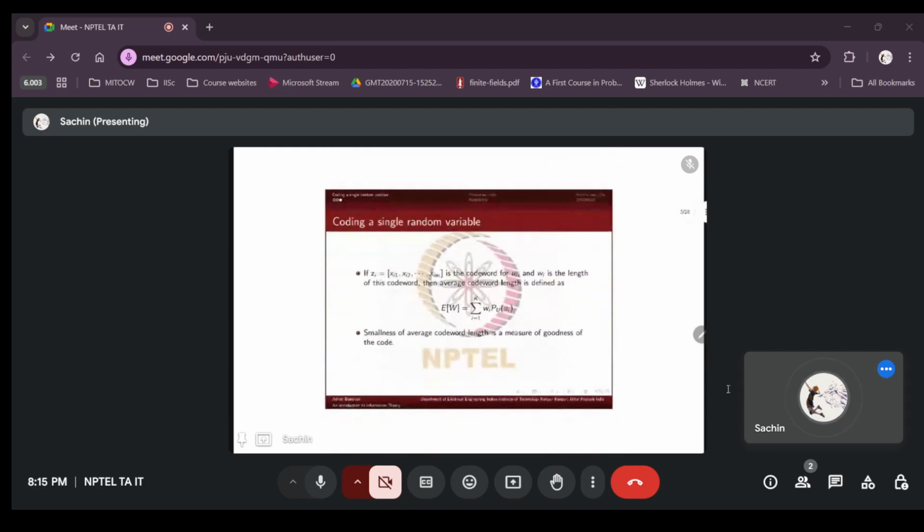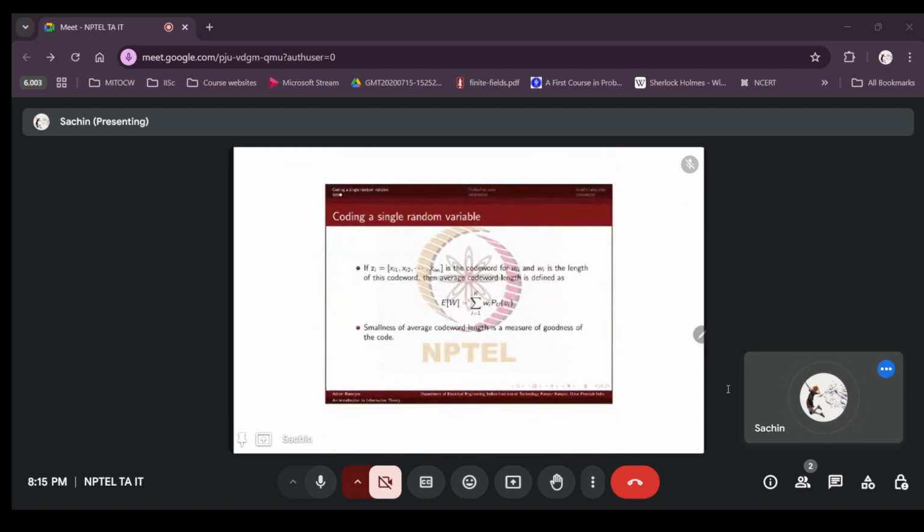So the expected code word length is sigma Wi P of Ui. The value Wi occurs with the probability P of Ui, because Wi is the length of the code word assigned to the information symbol Ui. So we want E of W to be as small as possible. Smallness of the average code word length is a measure of goodness of the code.